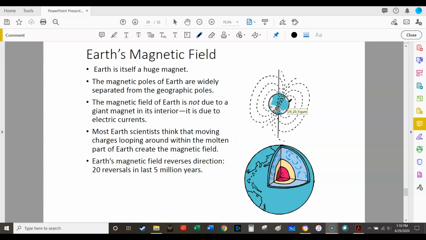So how is the Earth itself a magnet, right? Well, what we learned before is that for something to be a magnet, it has to have those unpaired, quantized electrons. And so the idea is this: since the Earth is a big blob of fluid, heavy stuff will sink and light stuff will float.